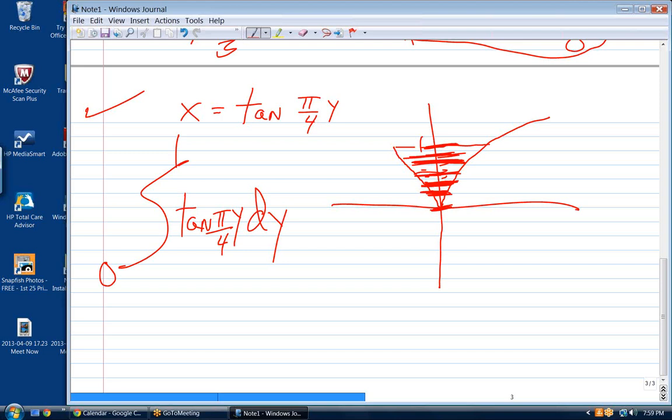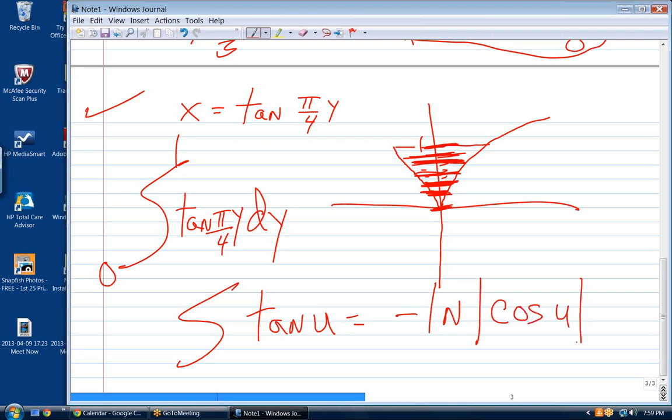We know the derivative of tan is secant squared, but the integral of tan of u is minus the natural log of the cosine of u. But we're going to have to divide also by this pi over 4, like that.